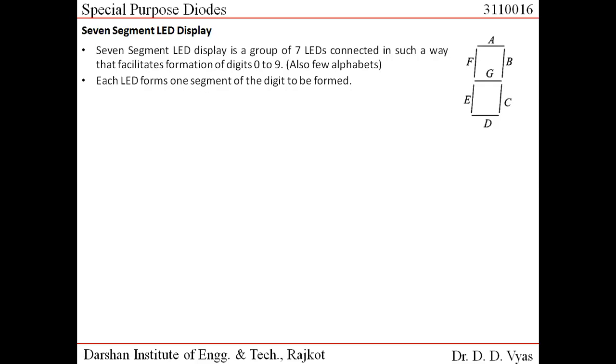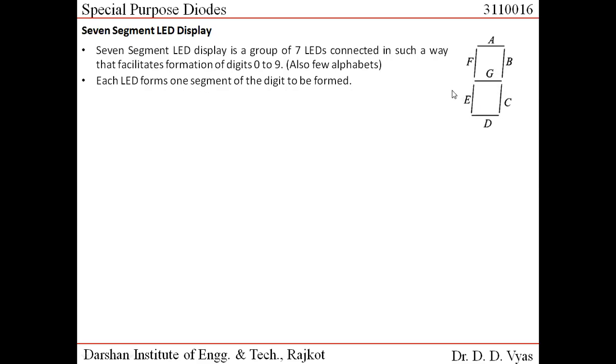So we can understand that there are 7 LEDs. Depending upon which character has to be formed, a particular LED is turned on. Say for example, to form digit 1, the LEDs present at B and C would be turned on, and the other LEDs would be kept off.